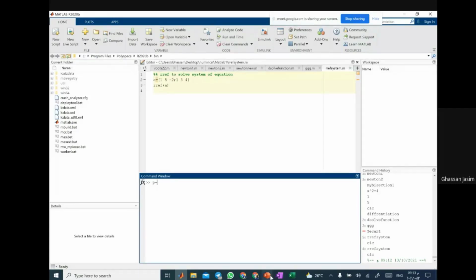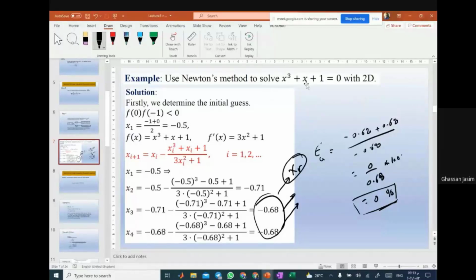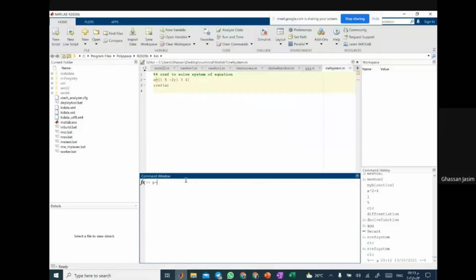By the way, in this equation, how many roots must I have? 3. I must have 3, because this is third degree. But as I said, in numerical methods, usually we find one root.